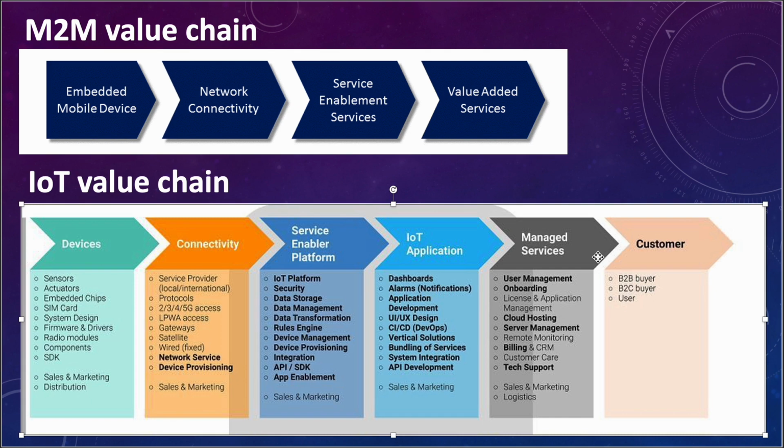I have selected this picture because it gives a breakdown of each value chain component. Similar to M2M, because our main goal is applied IoT, we are going to break down each value chain component and see what components are inside.